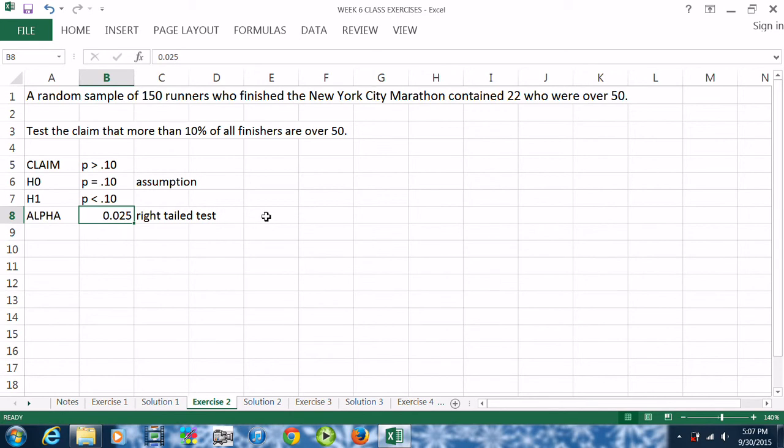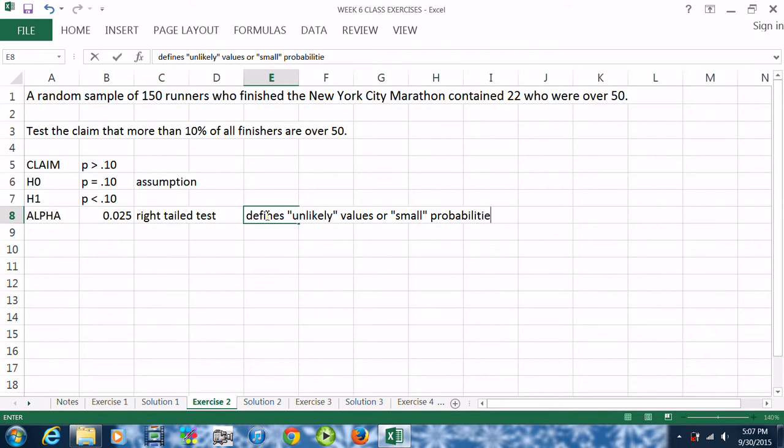So this defines unlikely values, or equivalently small probabilities.